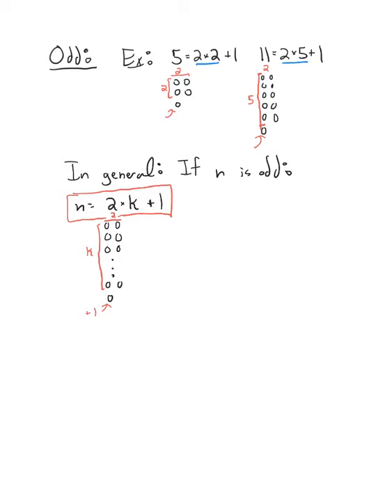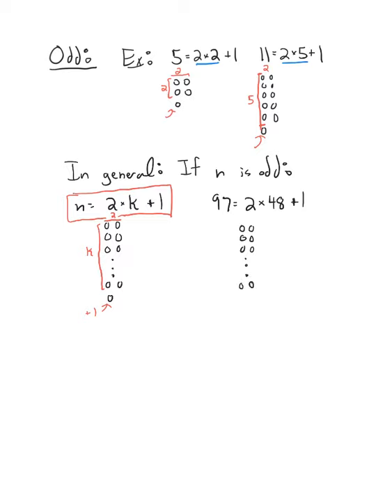So again, let's do something like 97. Well, 97 I can write as 2 times 48. So 2 times 48 is 96 plus 1. So all I'm doing in some sense is just grouping 97 dots in groups of 2 as much as I can.